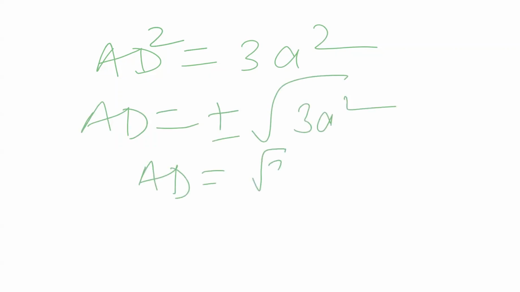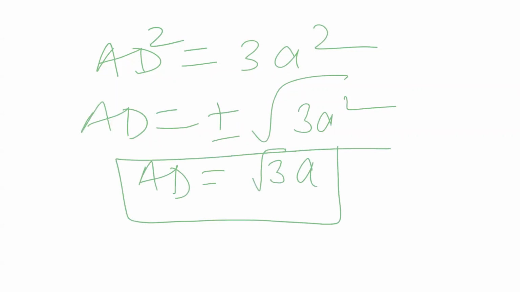So this will become root 3a. You can ignore the minus symbol, right? Yes, sir. So what is the length of the altitude? Root 3a.